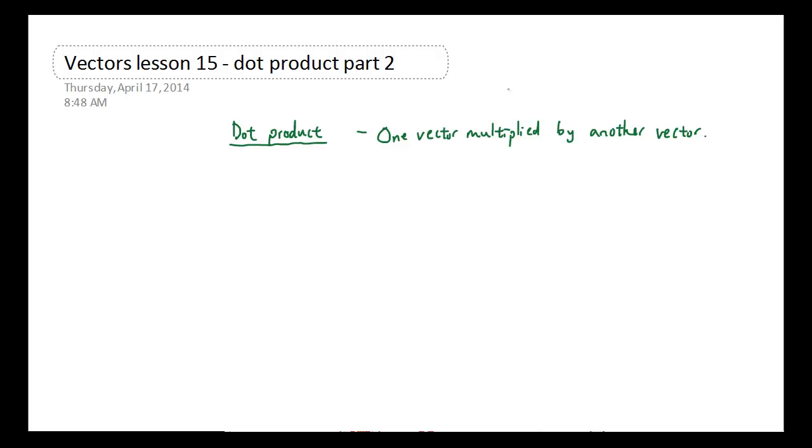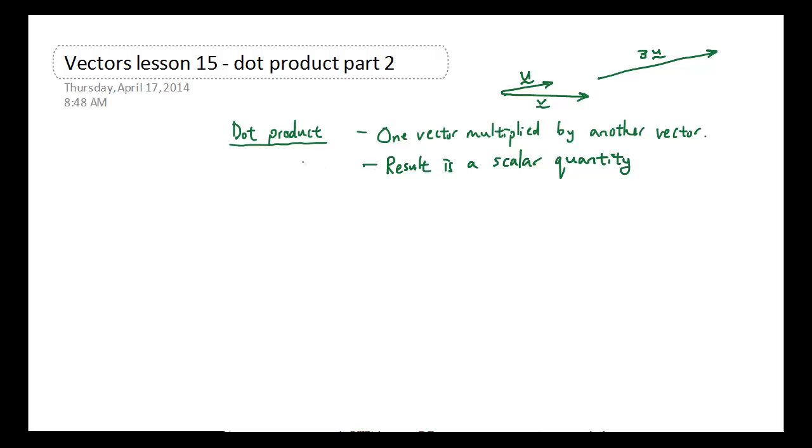So for example, if you remember, we did, if this was vector u and this is vector 3u, that's not what this is. This is a vector multiplied by another vector. So for example, vector u times vector v or something like that. Okay, so it comes from one vector multiplied by another vector, and another thing is the result is a scalar quantity.